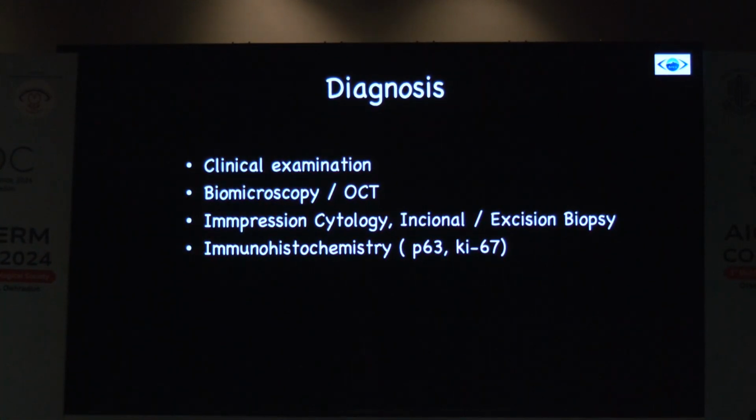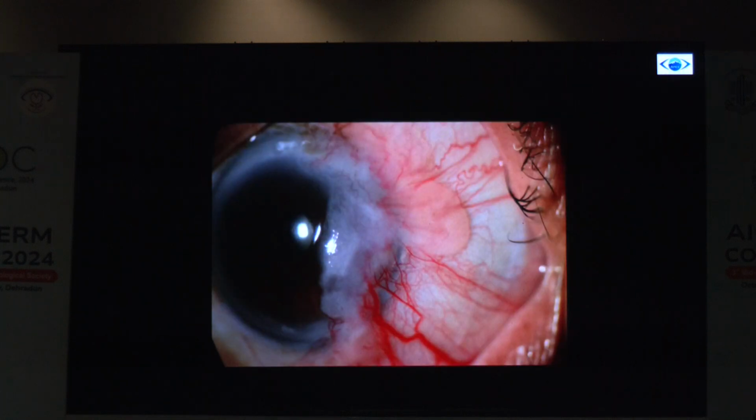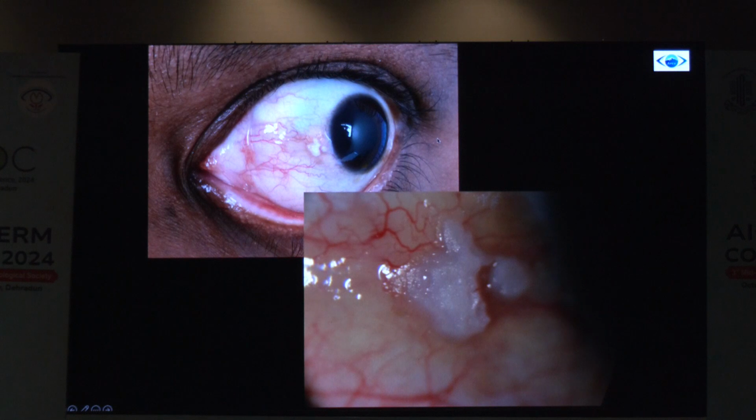Diagnosis is essentially done by clinical examination on slit lamp with its classical presentation, like leukoplakia, feeder vessels, intrinsic vascularity; keratinization may or may not be seen. Like in this case, you can see intrinsic vascularity nicely over the corneal lesion. This is a high magnification picture of surface keratin.